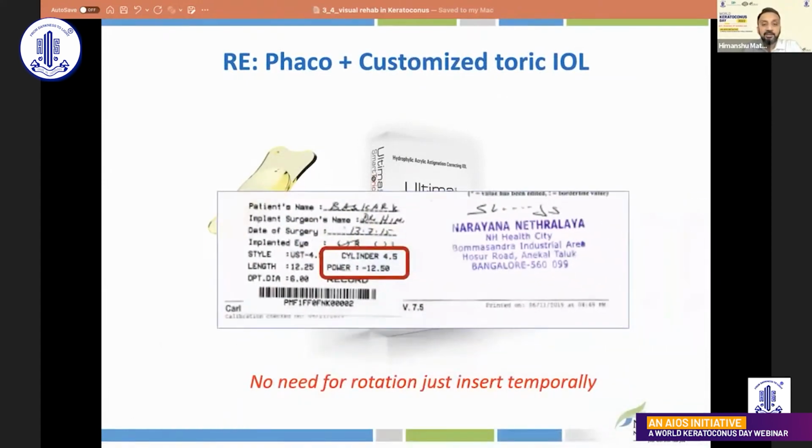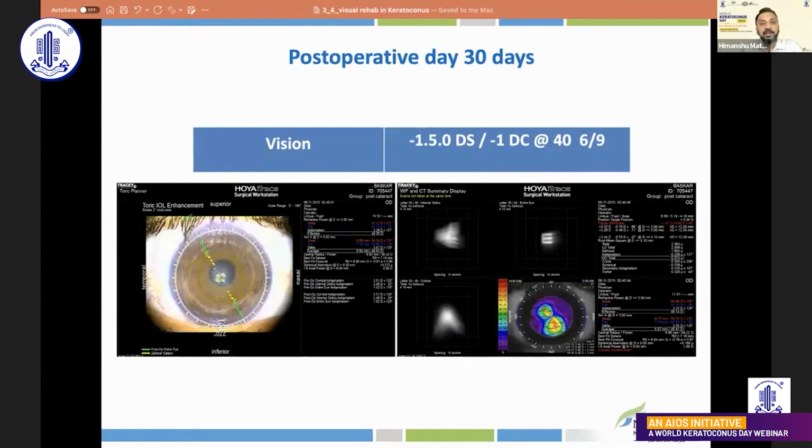He underwent cataract surgery with a customized toric lens with 4.5 diopter cylinder and minus 12.5 diopter spherical power. Post-operatively, the patient had an excellent vision outcome and was very happy.